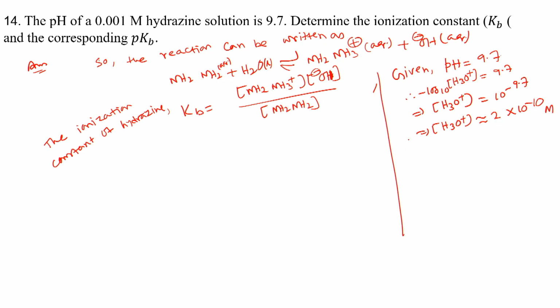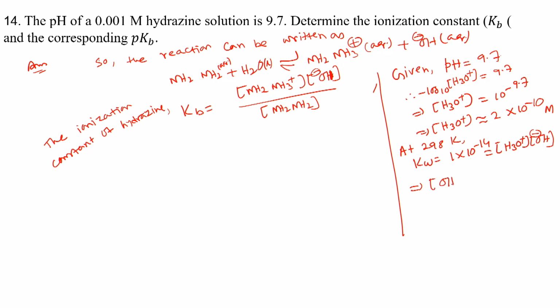So if we consider 298 K, Kw is 1 times 10 to the minus 14, right? We already know this is the concentration of H3O plus times the concentration of OH minus. So now we can calculate the concentration of OH minus.